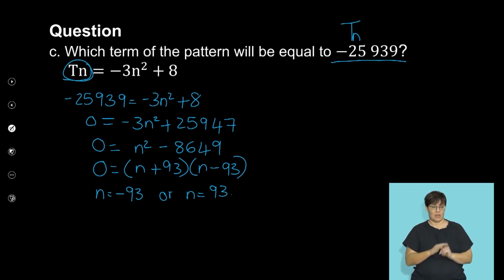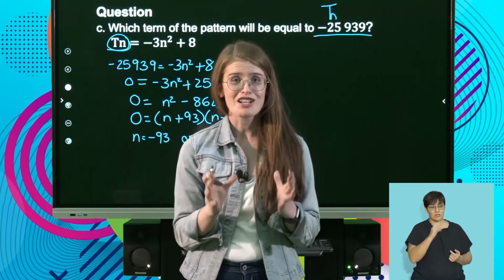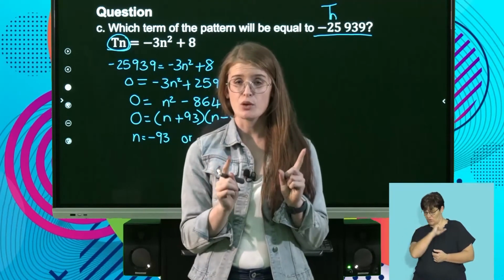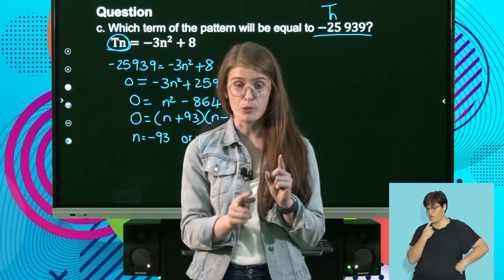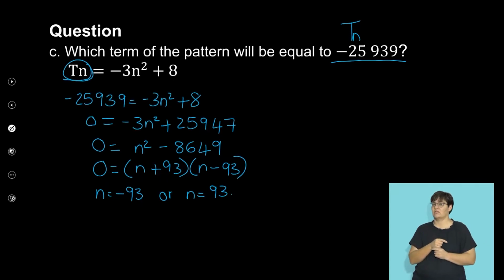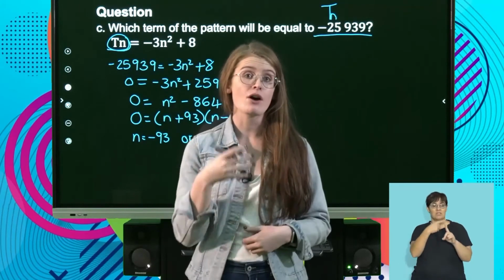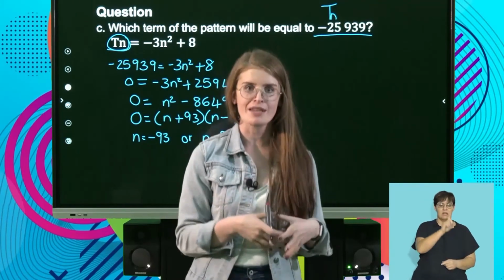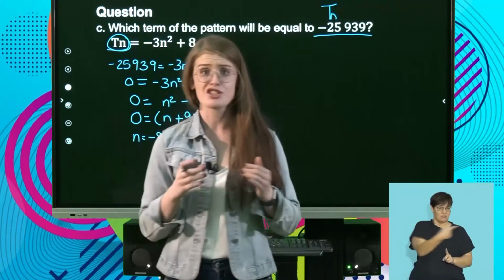I'm going to stop everyone at this point. I'm going to ask if you think there's anything a bit weird or incorrect with what's on the board. Am I allowed to have a negative n value? Hopefully there's some shaking of heads. No. My term numbers have to be whole numbers because I always have term 1, term 2, term 3. They start at term 1.